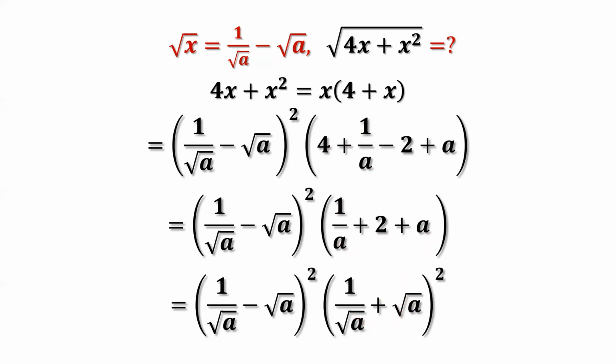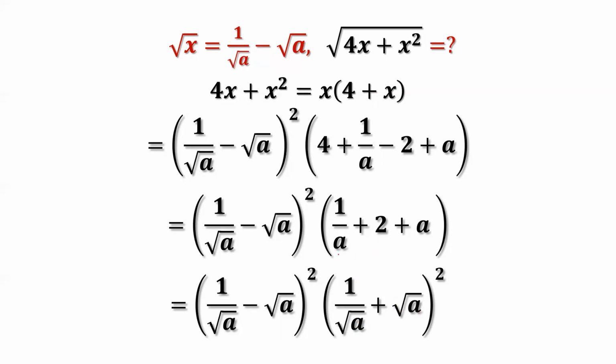Let's explain to you. Here's the pencil. Now, this is 1 over square root of a plus square root of a squared equals the first term square plus 2 times the first term times the second term, then the second term square, add.